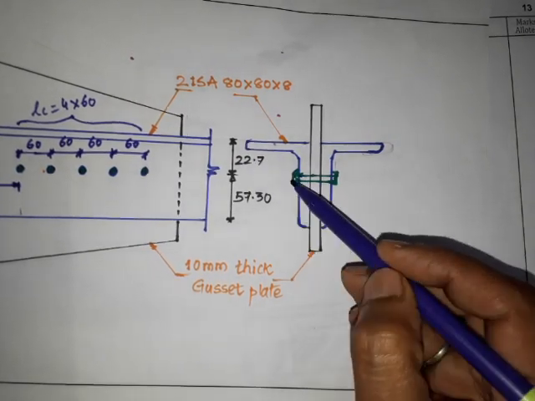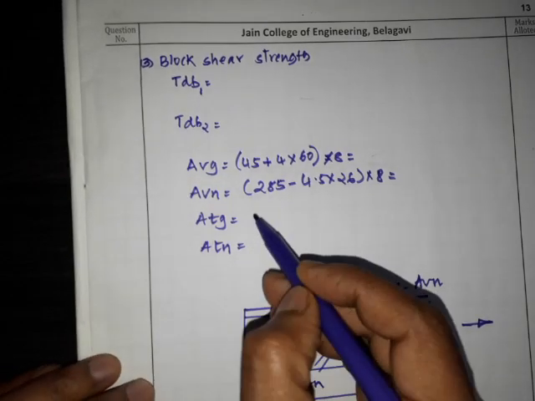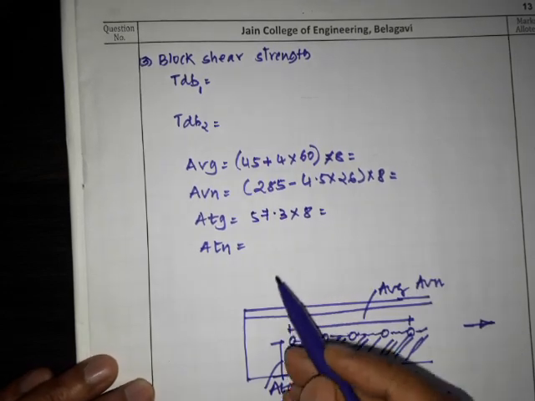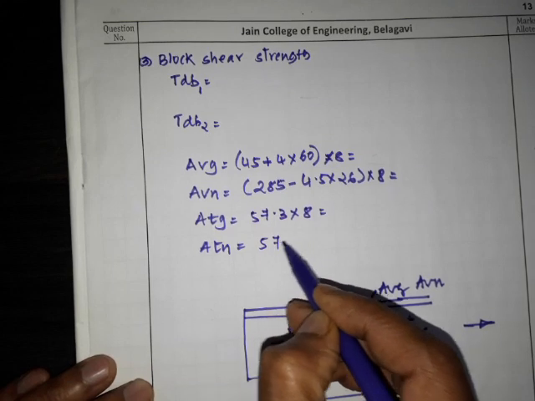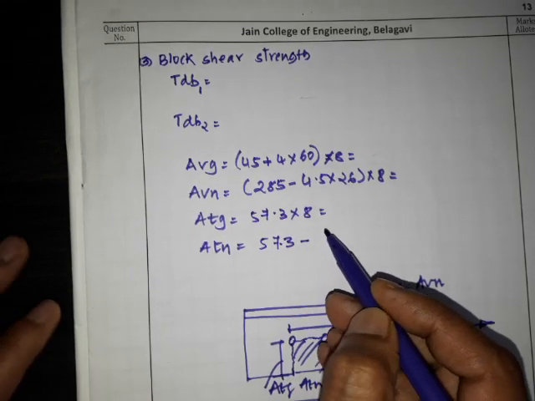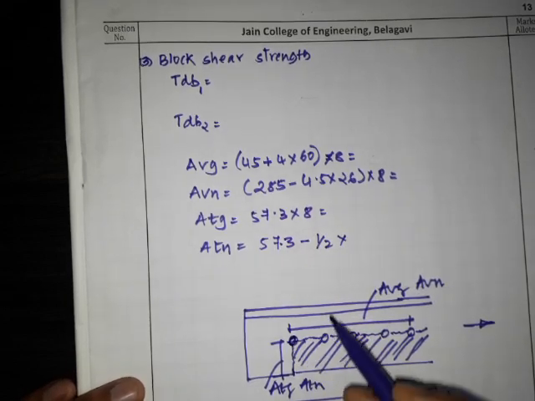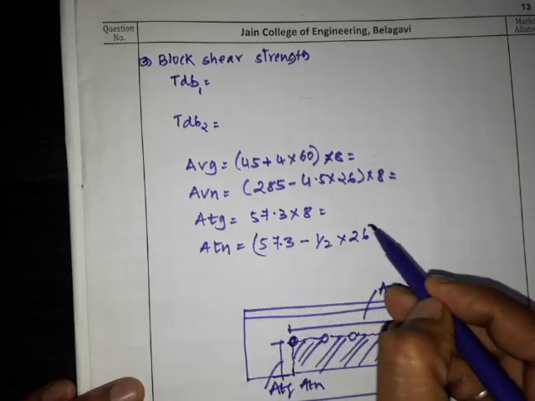That is the CXX, CYY 57.3. So we get ATG as 57.3 into 8, and ATN will be 57.3 minus half of the diameter, which we deduct here, so half of 26 into 8.